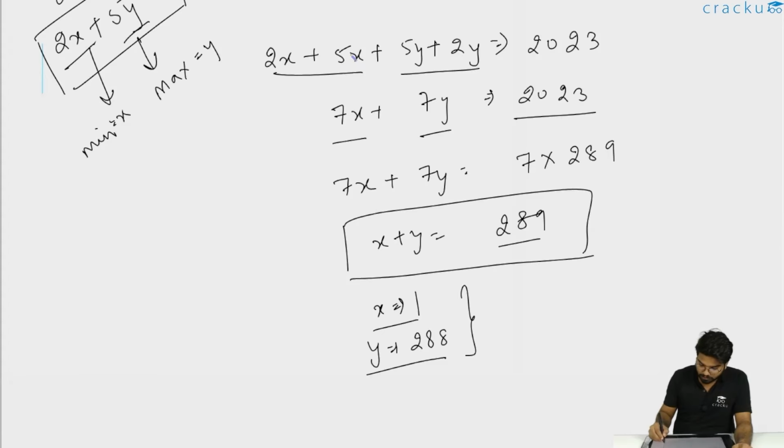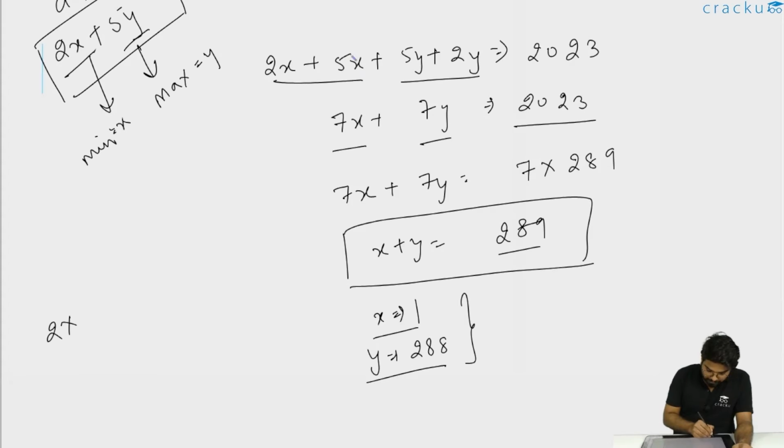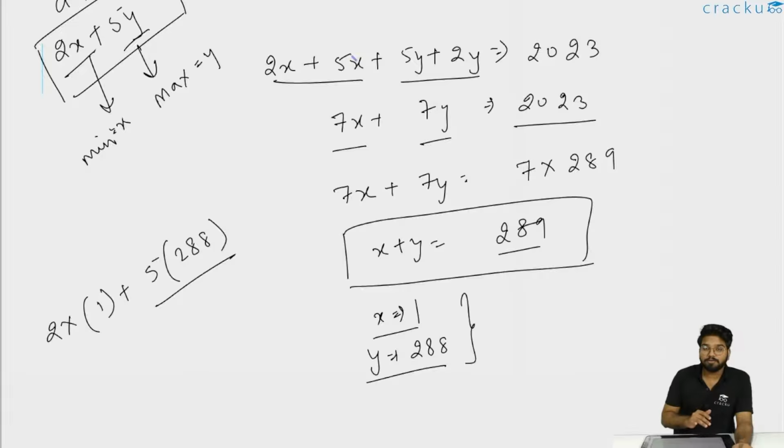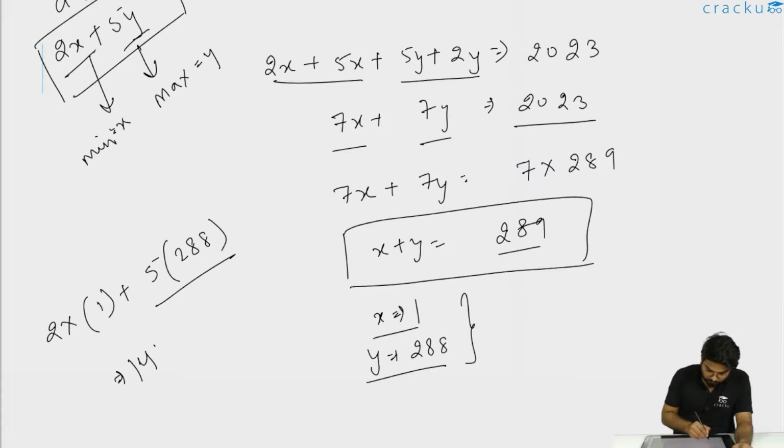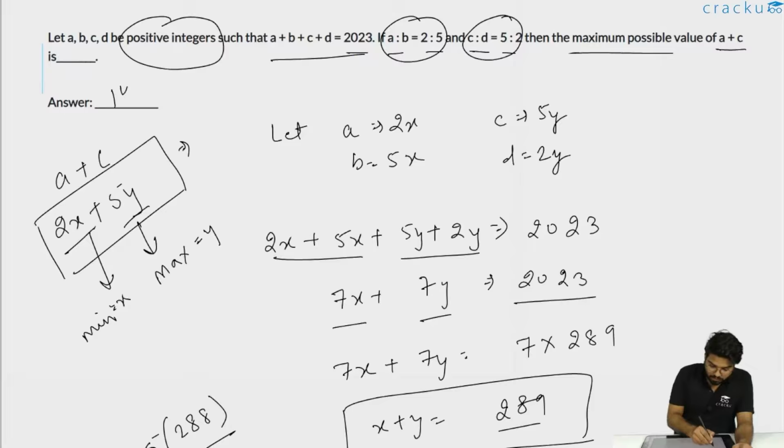If I put this into the equation, we have 2 into x, which is 1, plus 5 into y, which is 288. Clearly you now observe that if I put the maximum value for y, when multiplied with 5, a higher coefficient, it will give me the maximum value of the product. So 5 into 288 plus 2. So the answer has to be 1442, which is the maximum value. That is 1442.